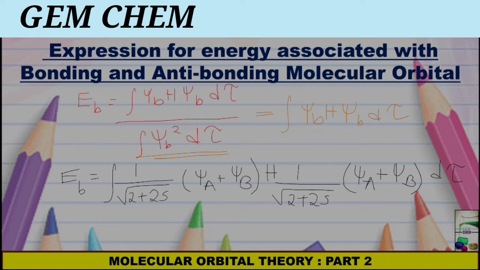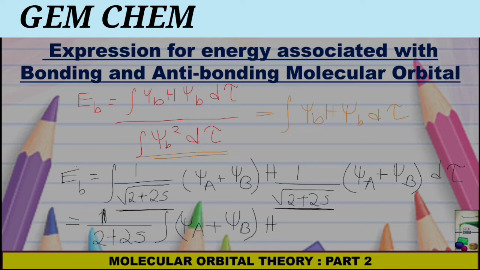Once this is done, we can take out 1 by root 2 plus 2s from both the ends, that is from here as well as here. So we get 1 by 2 plus 2s. In the integration we have xi a plus xi b, then the Hamiltonian, then xi a plus xi b and d tau.